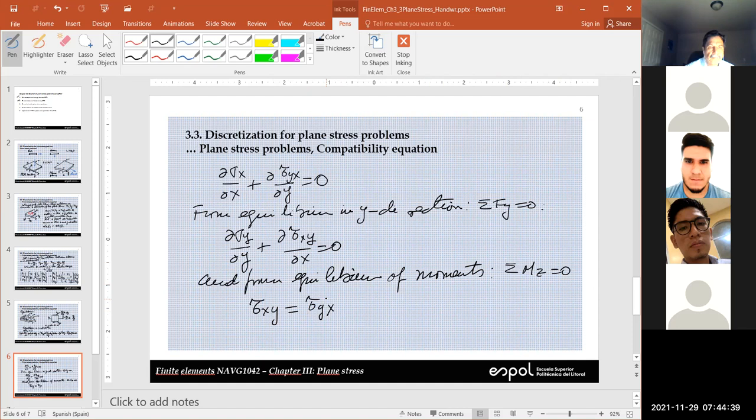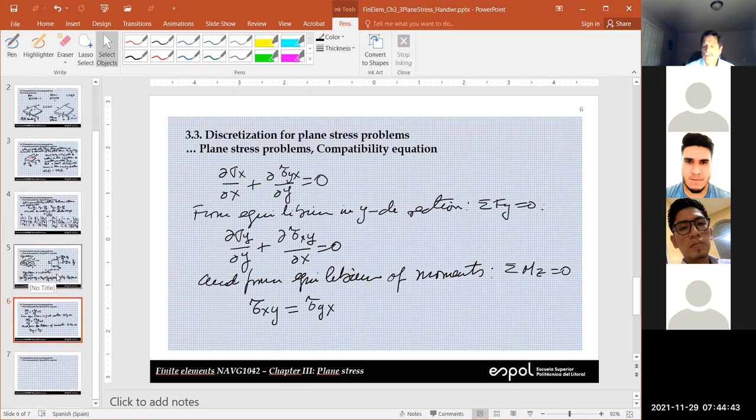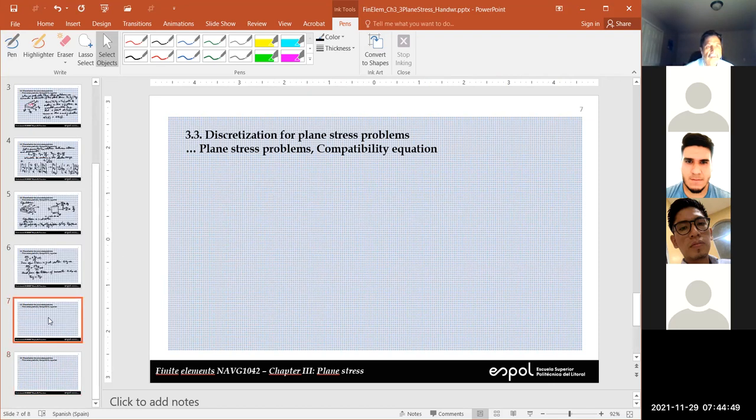And what we do, when we work with this type of problems, is to define a new function, okay? Let's call it phi. And this new function is what we call a stress function.